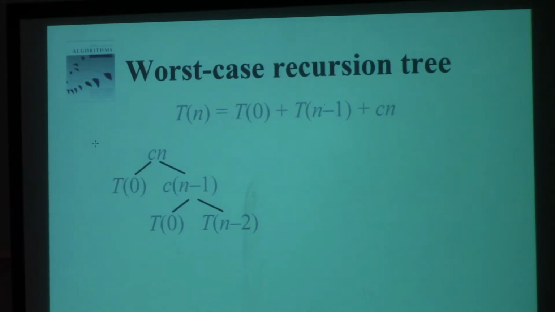And it's going to happen again. So again, it's going to have a t0 here, and t n minus 1. n minus 1 goes in here. T of n minus 2 plus cn. So eventually it's going to go to unity. But the height of this tree is going to be what? How long does it take to get down to unity if you start by decreasing by 1? It's going to take n. So the height of this tree is going to be n.